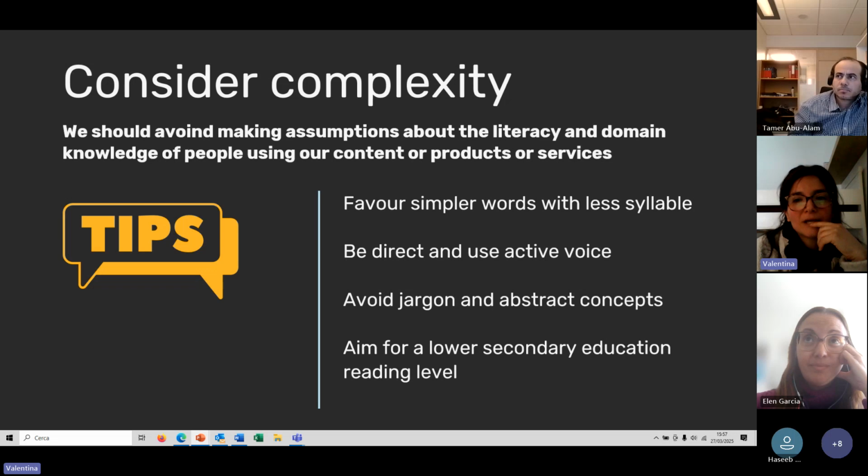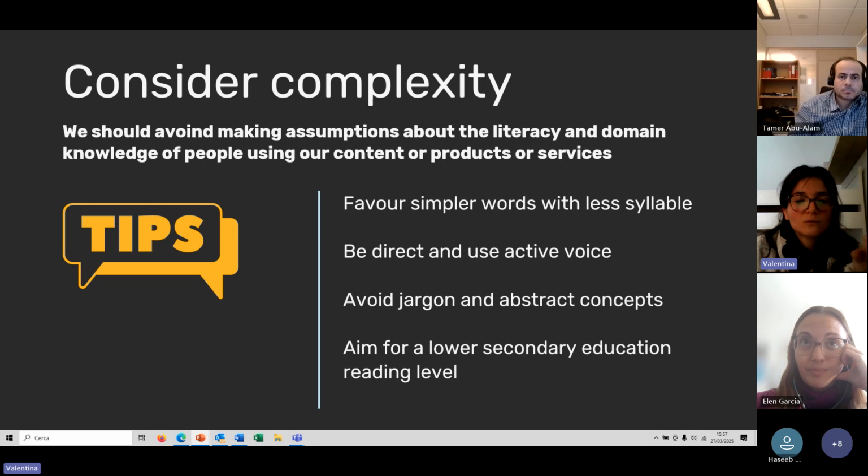When we create content or a product or a service, we should always favor simple words with fewer syllables. So actually what Helene said, that it's too much text, is right, because we are using a lot of text.